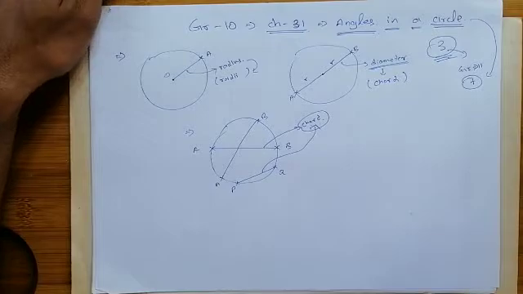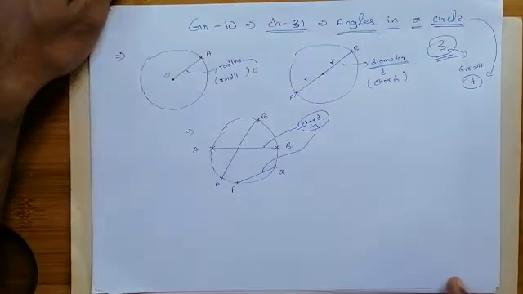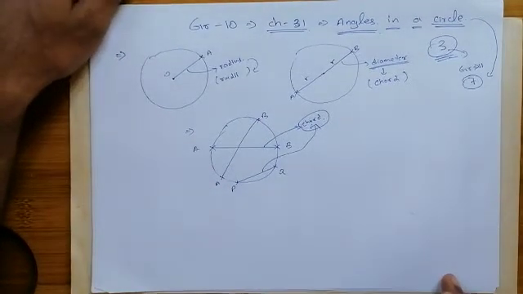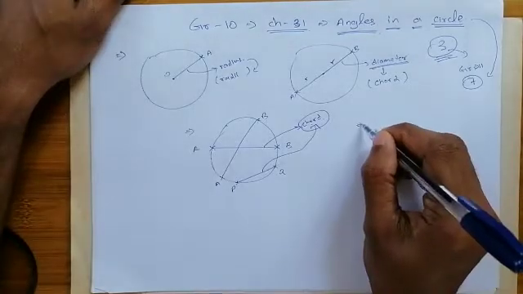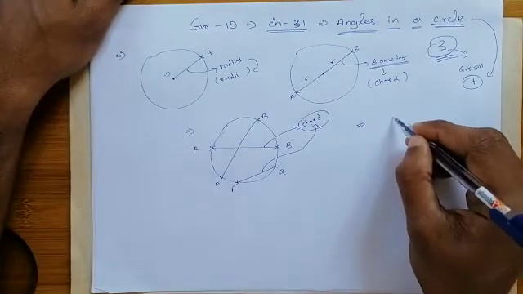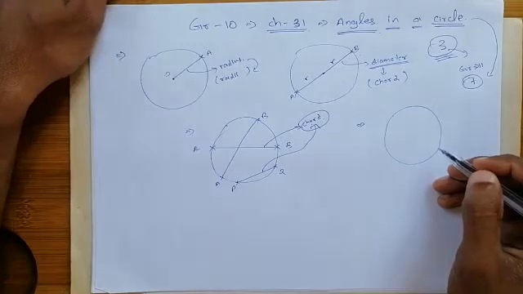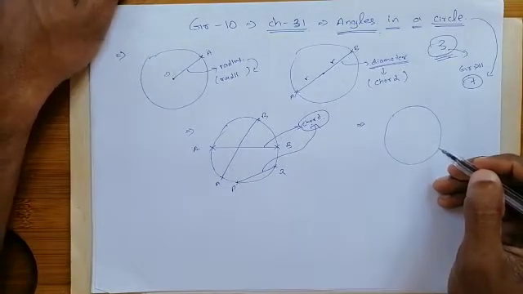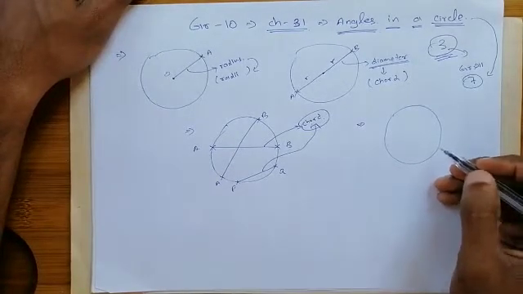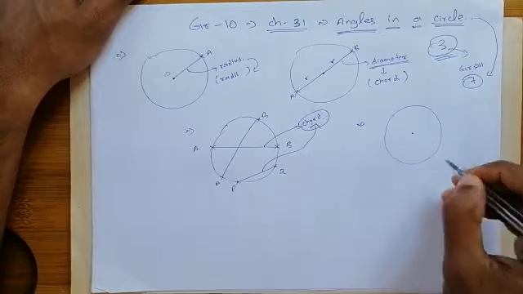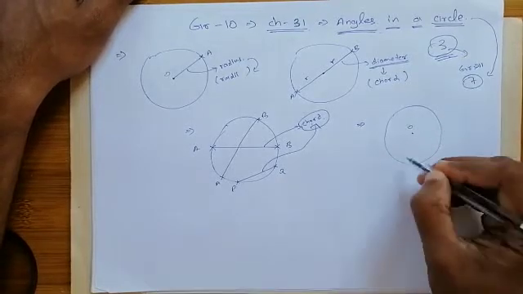Okay, all three components you already know. Another part, a straight line related to a circle, is there. That's not in our syllabus, but we want to know the name.